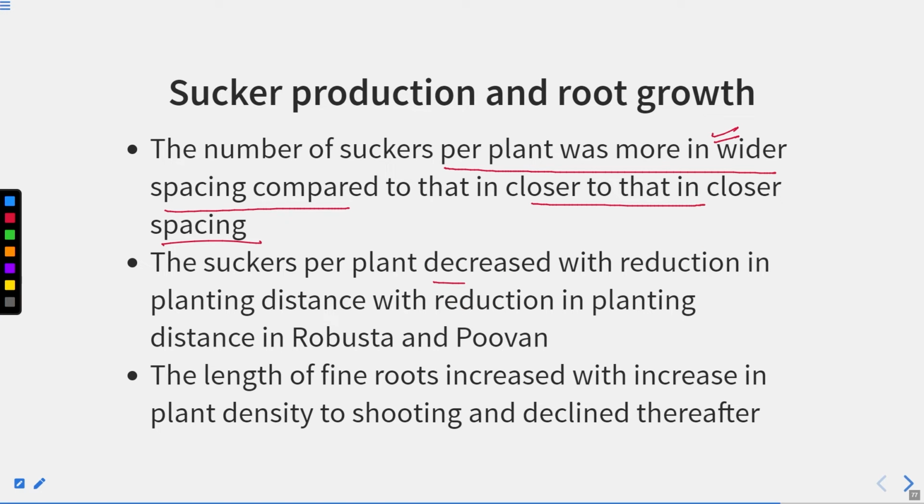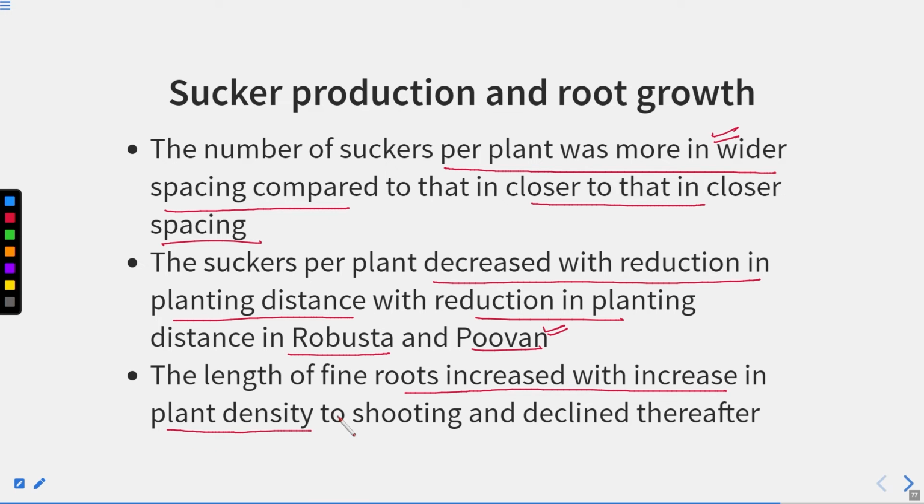The suckers per plant decreased with the reduction in the planting distance in Robusta and Poovan, which are two different cultivars. And the length of the fine root increases with the increase in plant density up to shooting and declines thereafter.